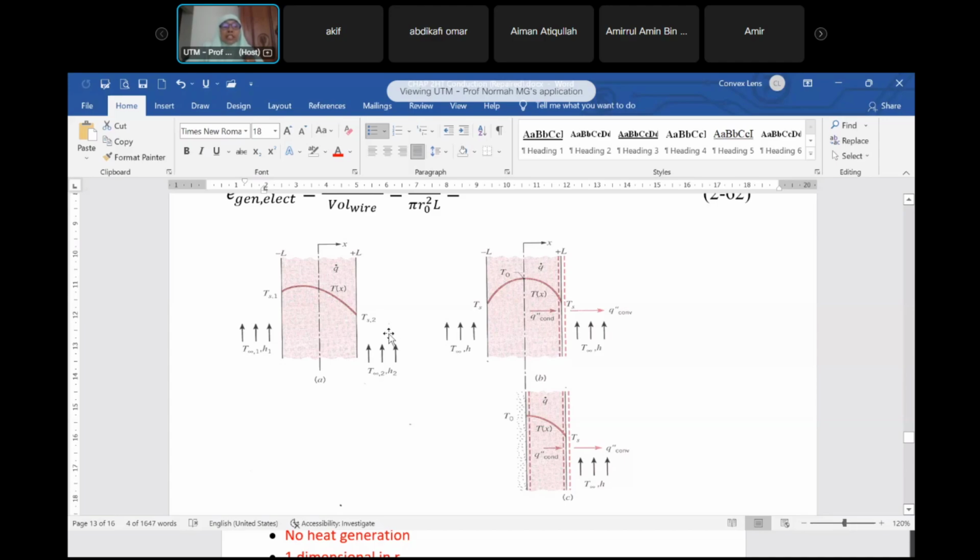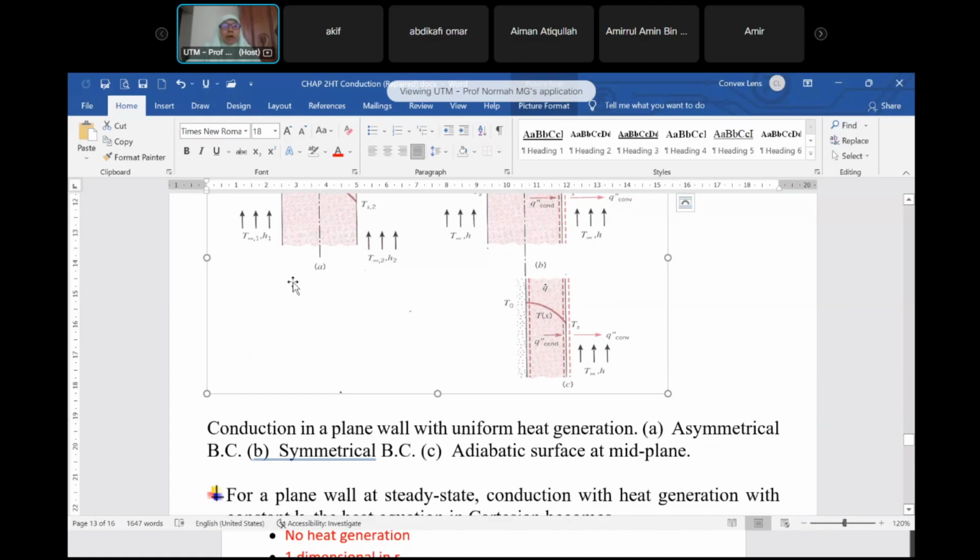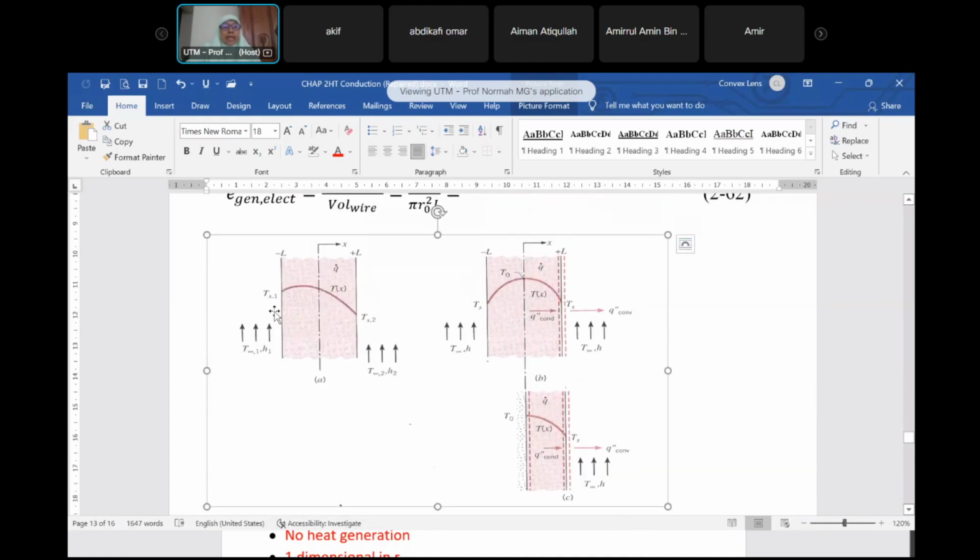But let's look at the general problem of heat transfer. Let's say it's different. So here we have heat generation, somewhere there. Look at the temperature profile, it's not symmetric. So this is called asymmetrical boundary condition. Say here they use minus L. You can say x equal to 0 here, x equal to L or 2L or whatever.